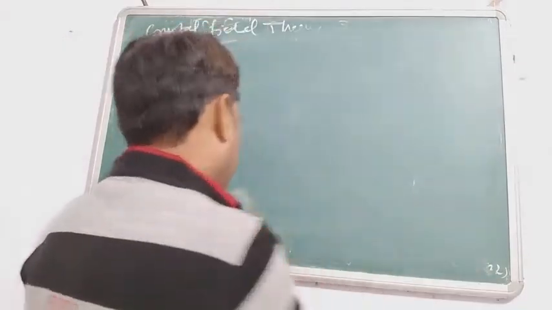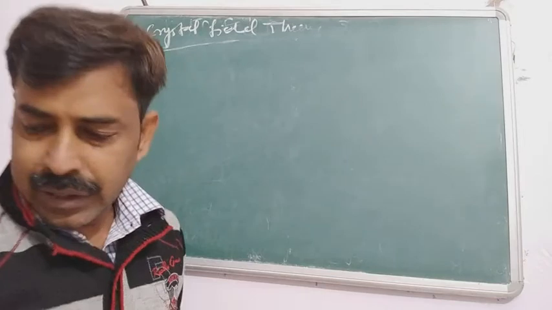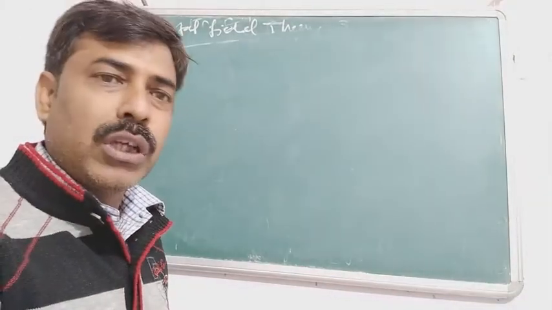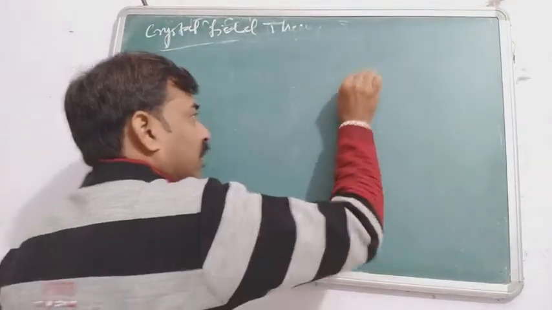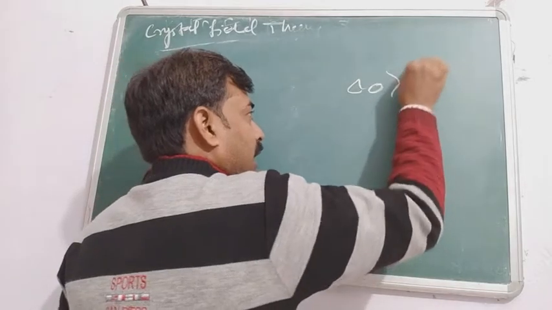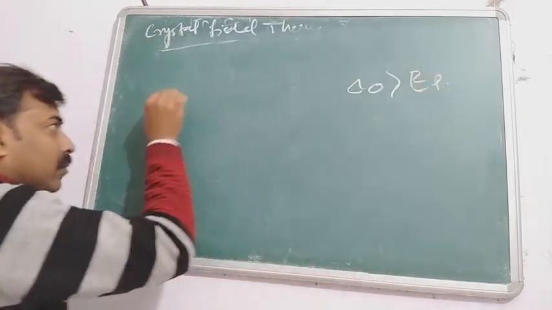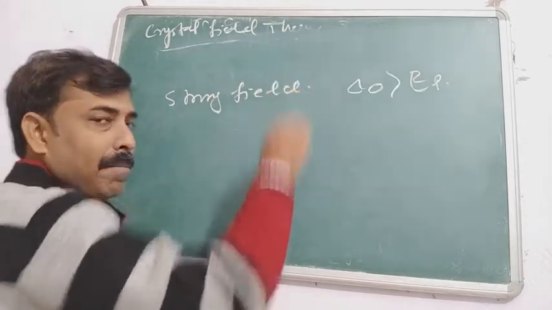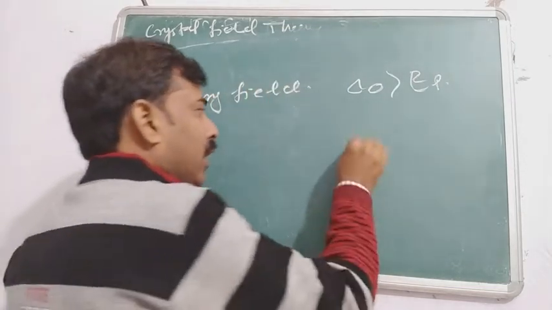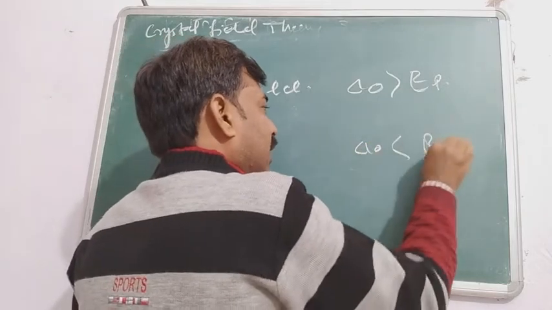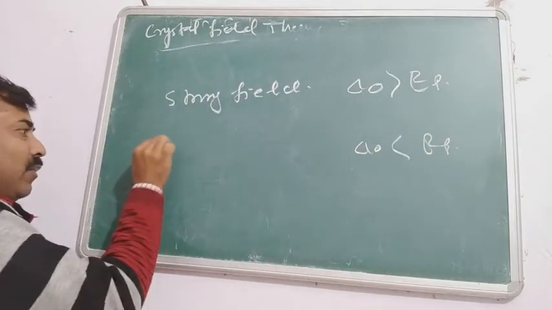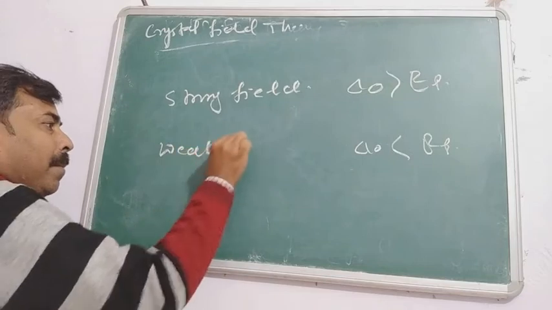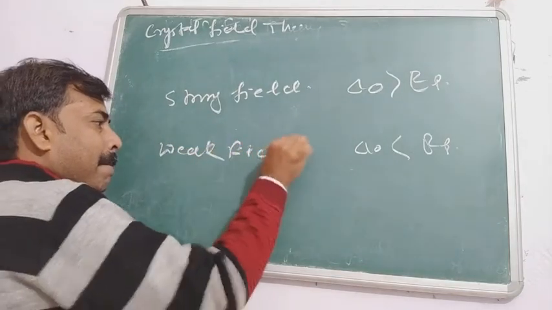When you study, you will find that strong field ligands are those for which the splitting energy is greater than the energy of pairing. And if the splitting energy is less than the energy of pairing, then it is called a weak field ligand.